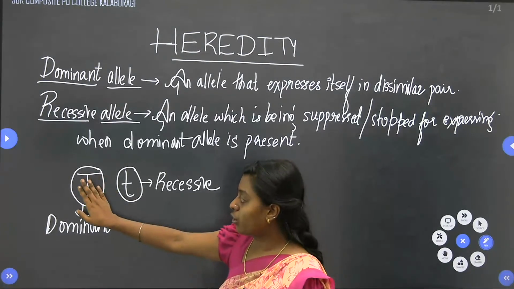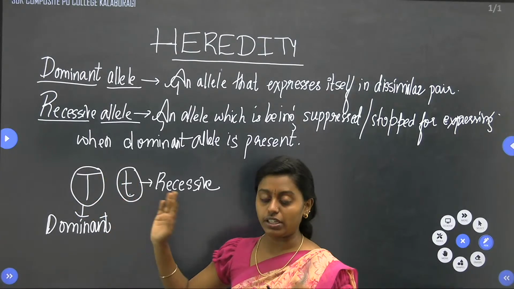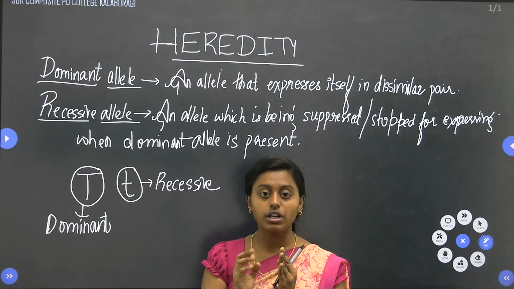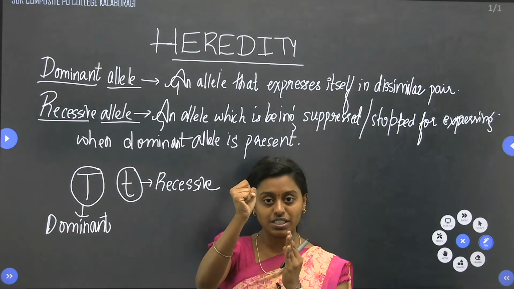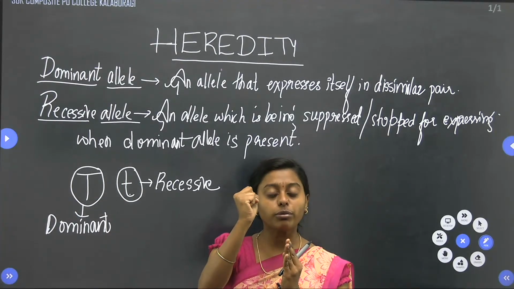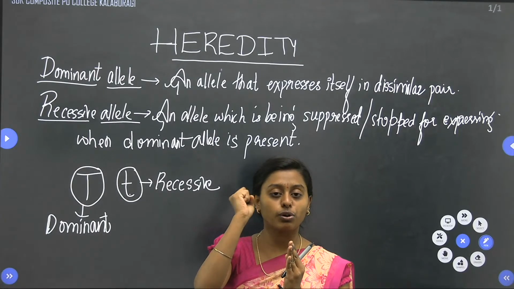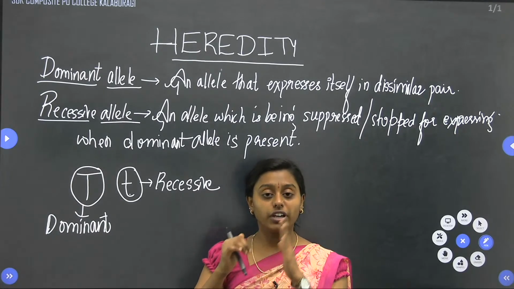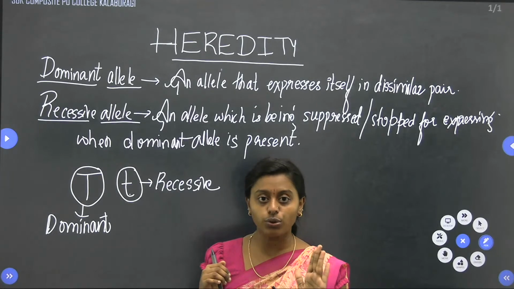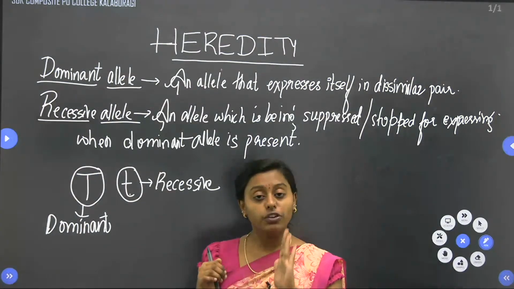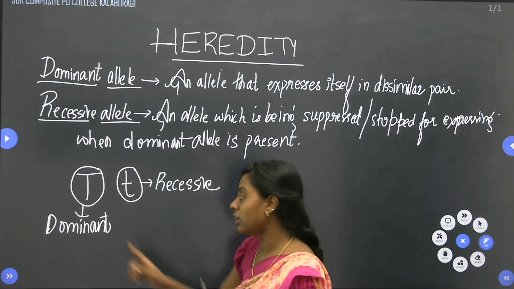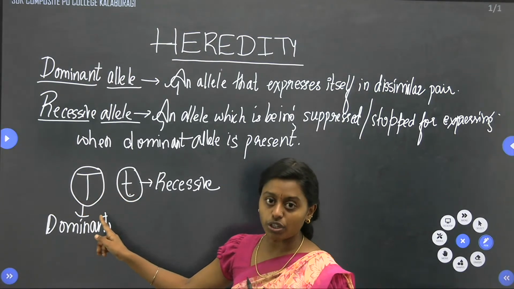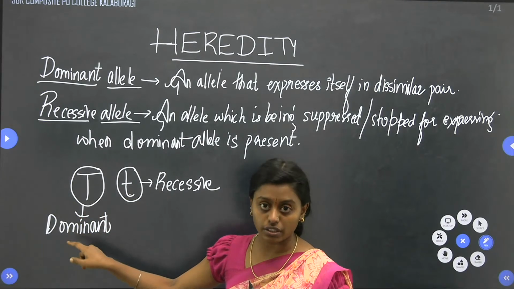When dominant allele and recessive allele are present together, capital T is going to dominate over the recessive allele, so that only the dominant allele will be expressed to form the tallness of the plant, whereas the recessive allele is not allowed to express. So we cannot see short plants when T and small t are present together.